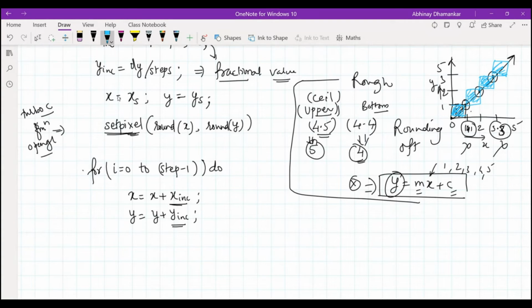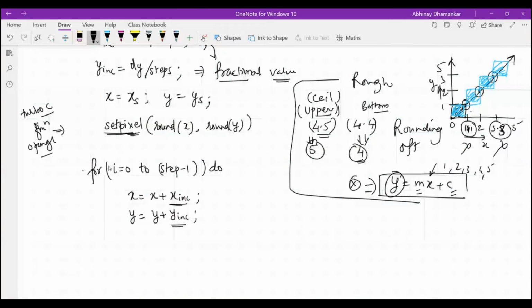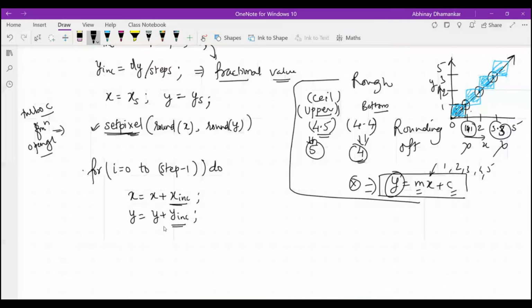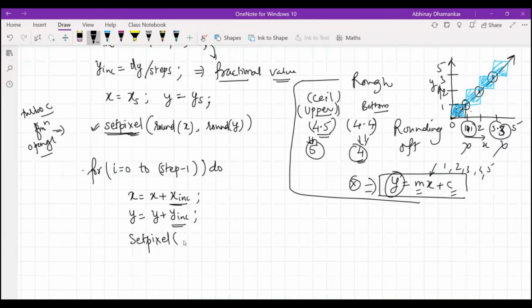So definitely for that we also require this statement again: set pixel round x, comma, round y, and repeat this.